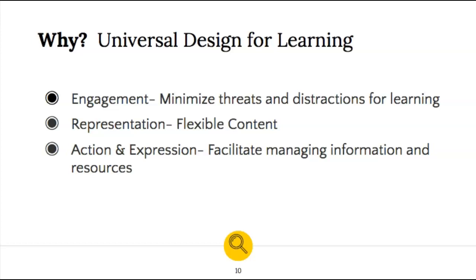And then when we're thinking about action and expression, we are really considering how can we help our students manage information and resources to best understand and have some options for how they can express their learning. So we're going to do all of that by looking at visual design basics in our next few series of videos on design for non-designers.